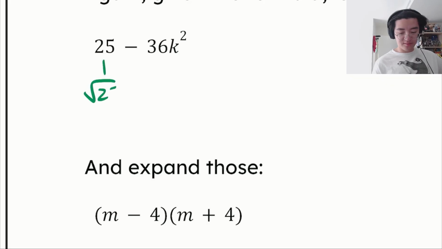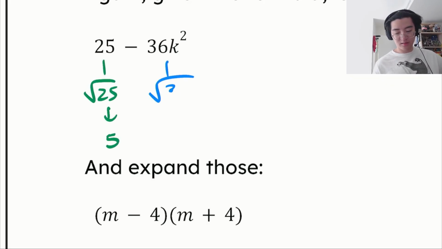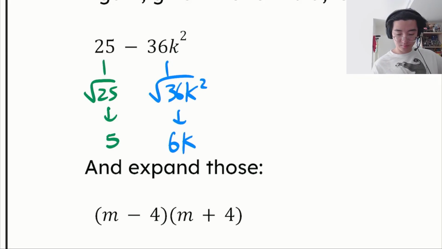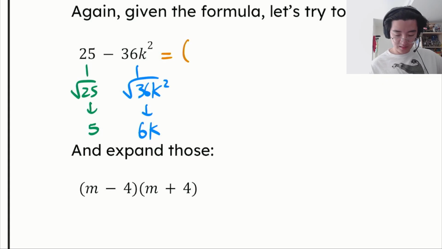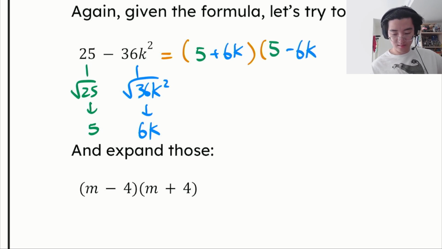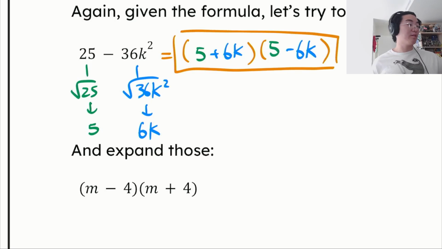Square root of 25 is 5. Again, this only works with perfect squares. So 6k. Which means the answer to this is 5 plus 6k and 5 minus 6k. Look at that, we can factor it super quickly.